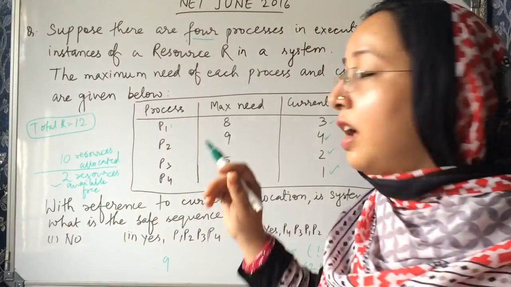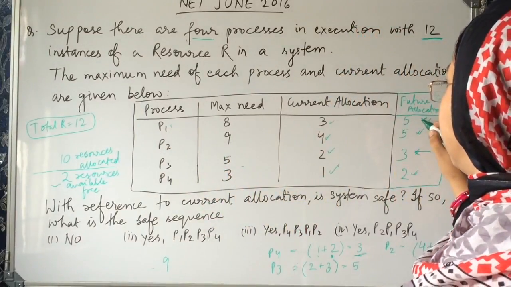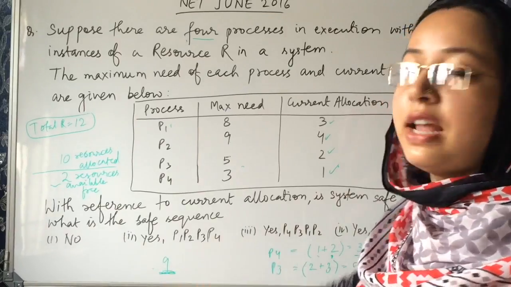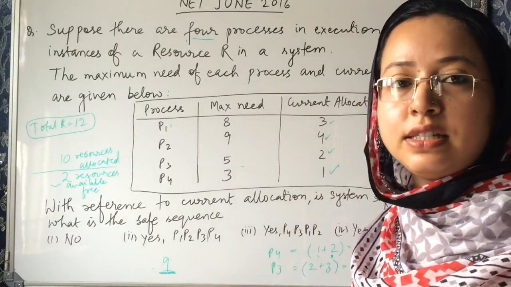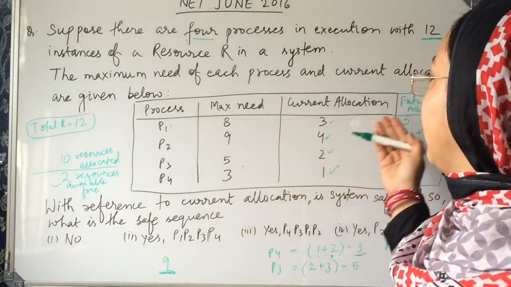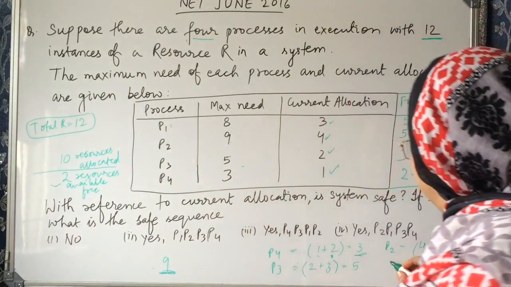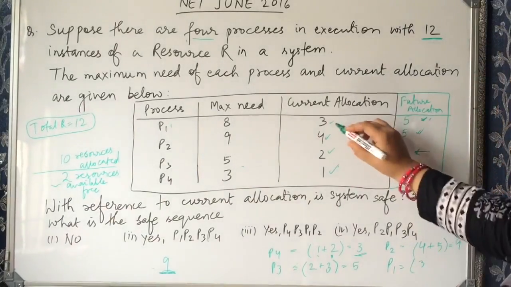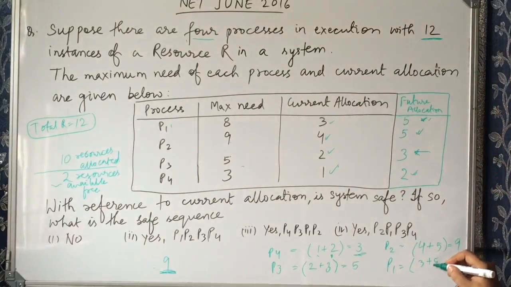P1 only requires 5 units of resources, and we have 9 units, so we can easily give 5 to P1, and P1 will also execute completely. 3 was already given, and 5 plus 3 is 8.